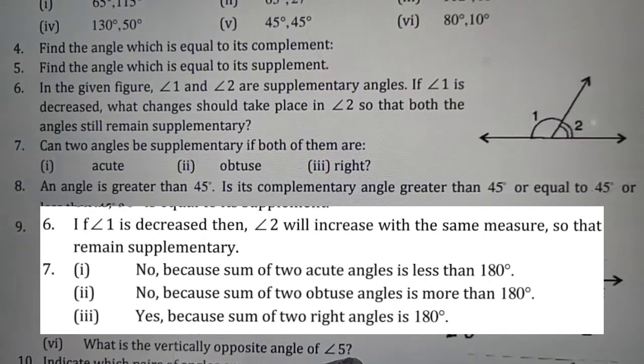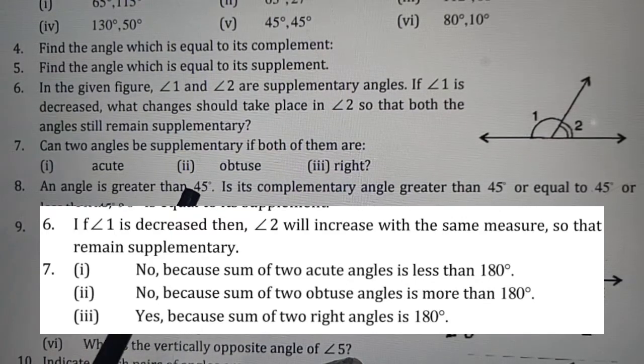So when the addition is less than 180 degrees, they are not supplementary angles, because the condition for supplementary angles is that the addition of two angles must be 180 degrees. Next, suppose both angles are obtuse. Obtuse angle means more than 90.